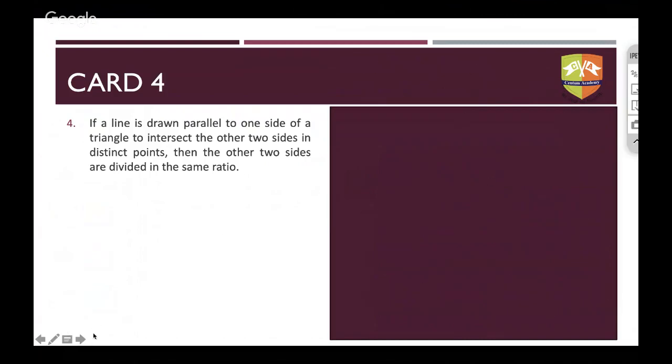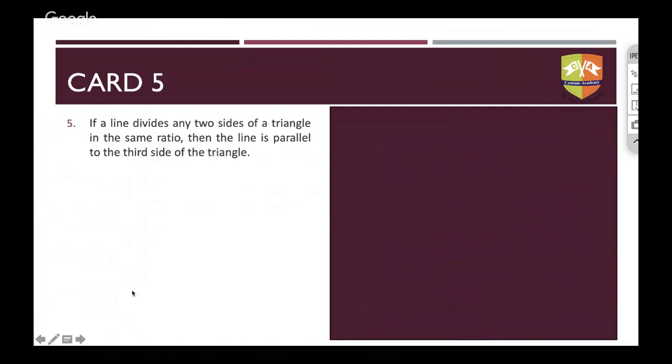The next one is: if a line divides any two sides of a triangle in the same ratio, then the line is parallel to the third side of the triangle.